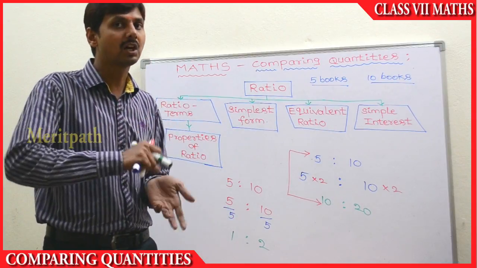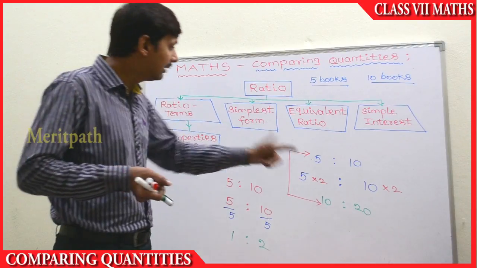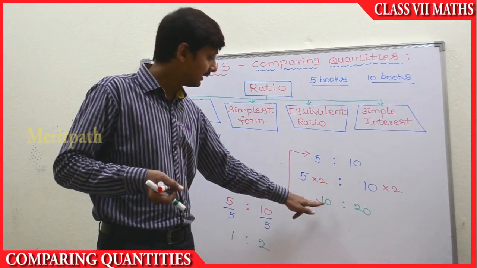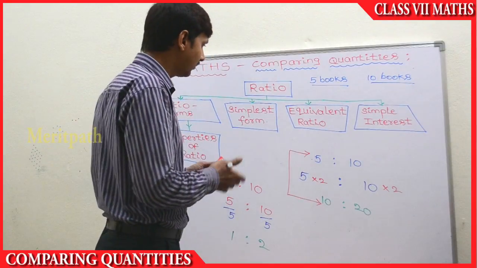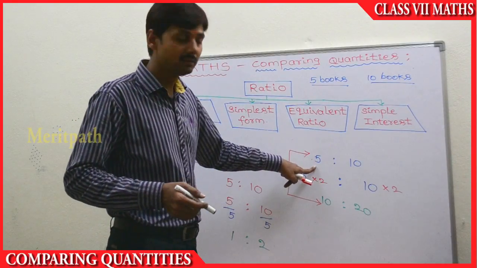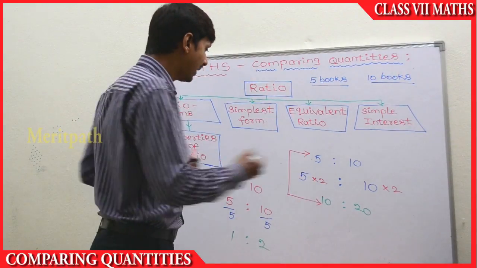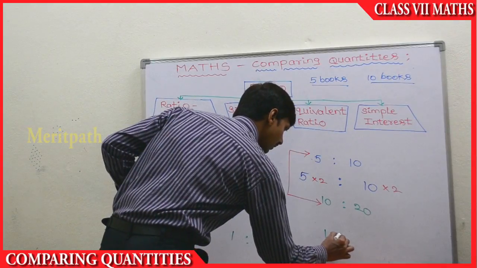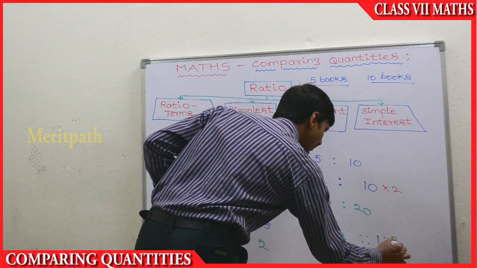The ratios which are equal, including the order of the parts, are equivalent. This is 5 and 10, and 10 and 5. How is this equal? We can observe that 5:10 can be written as 1:2 and this can be written as 1:2. So 1:2 is the same as 1:2.